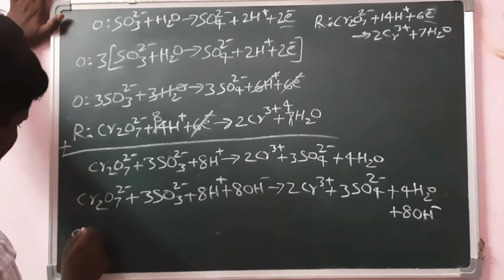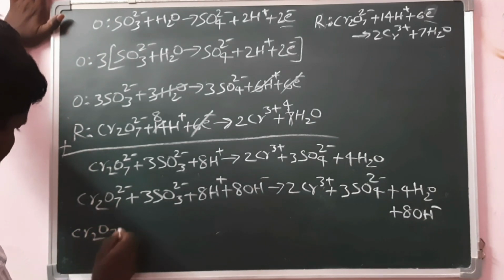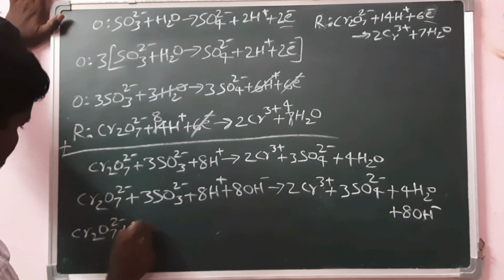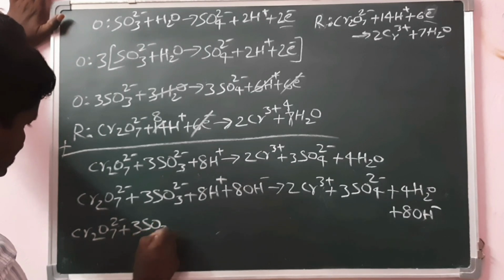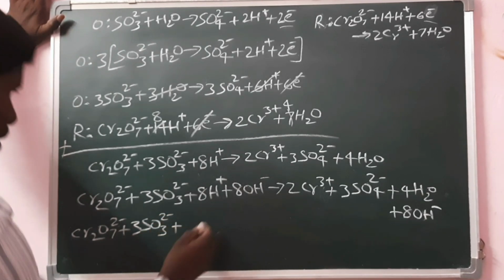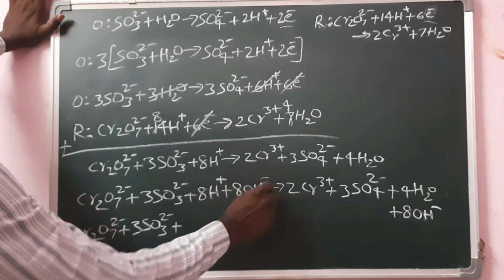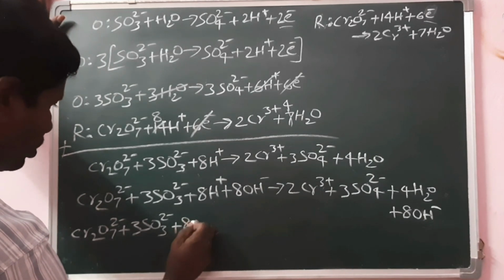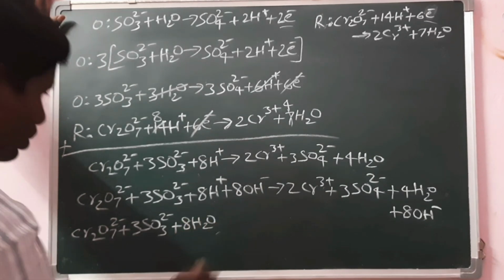So Cr2O7 2 minus plus 3 SO3 2 minus plus 8 H plus ions plus 8 OH minus ions form 8 H2O molecules.